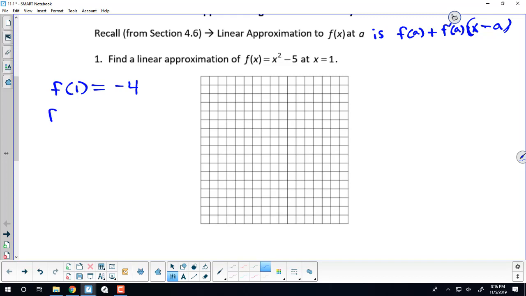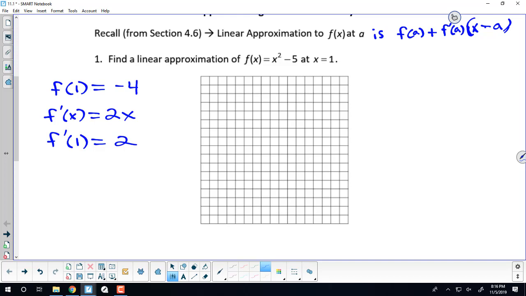The derivative of the function evaluated at that x value. And then we put those pieces together to find the equation of the tangent line.